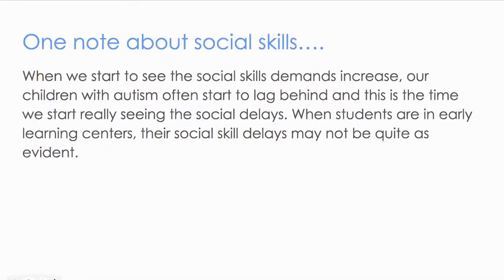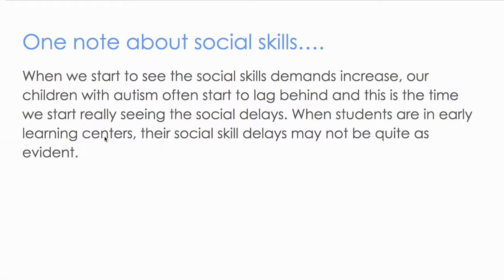One note, going back to the social skills piece, is that autism is developmentally evaluated and detected. In other words, there's not a blood test or anything like that to determine autism. It is behaviorally diagnosed, and oftentimes when we start to see the social skills demands increase. As kids get a little bit older, our children with autism often start to lag socially, and this is the time we start really seeing the social delays when students are in early learning centers.